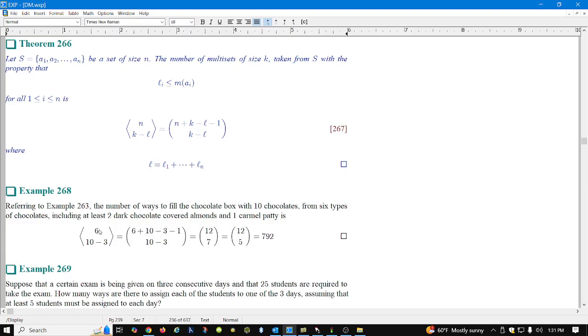If you didn't have the restrictions, it would be 6 multi-choose 10, but you have to subtract the lower bounds from the bottom number, from the lower number. And one of them is 2, the other's 1, so you subtract 3. Then remember, it's upper plus lower minus 1 goes here, and you repeat the lower one. And it's 792.